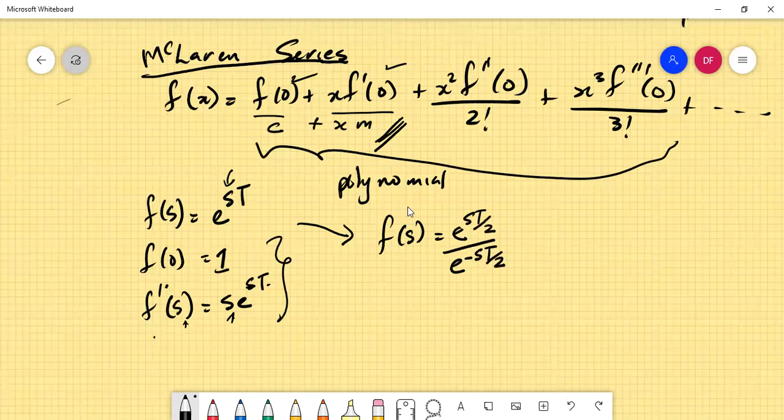You realize that if you combine this, the function is e to the st; this divided by this would give me back this. This is what we linearize so that we can get a nice result.